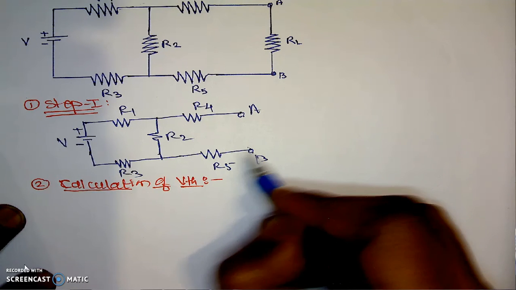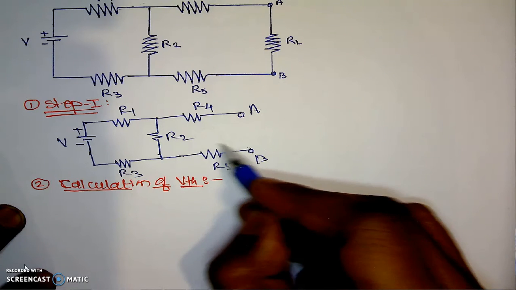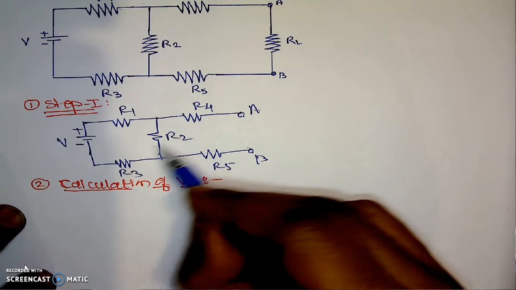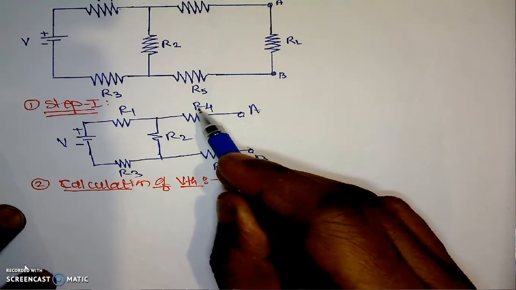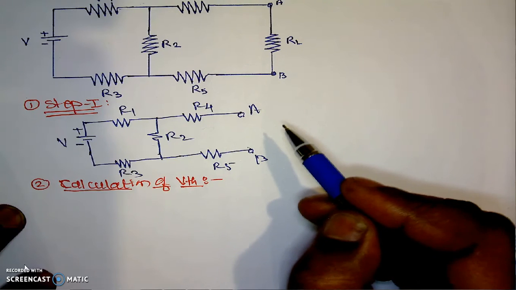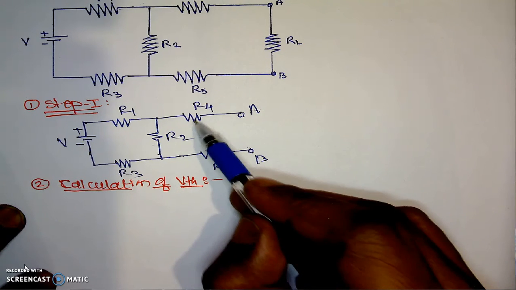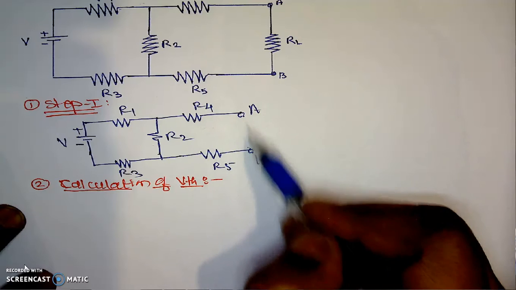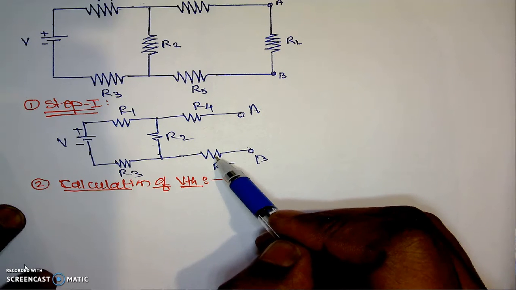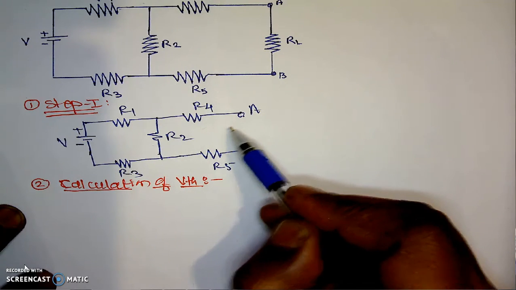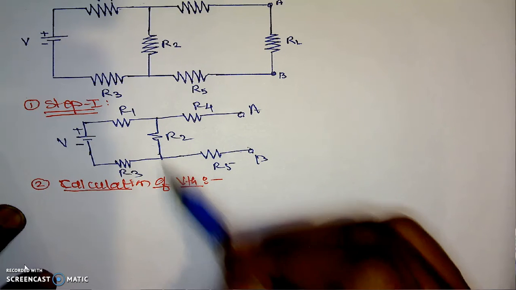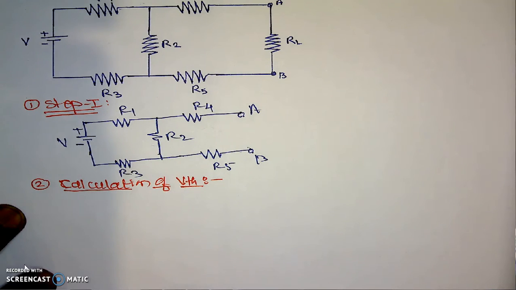This voltage may be plus or minus depending on the polarity of the current. The current in R4 is 0 because it is open circuit. Current in R5 is 0 because it is open circuit. Means here current in R2 is important. That's why we have to calculate current in the figure.